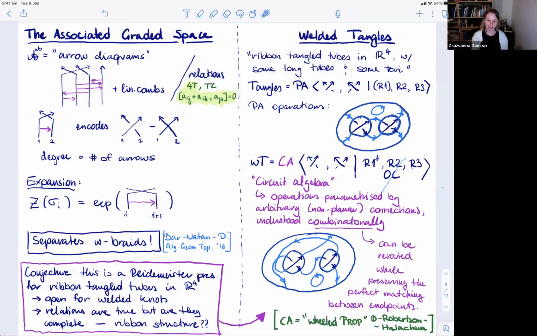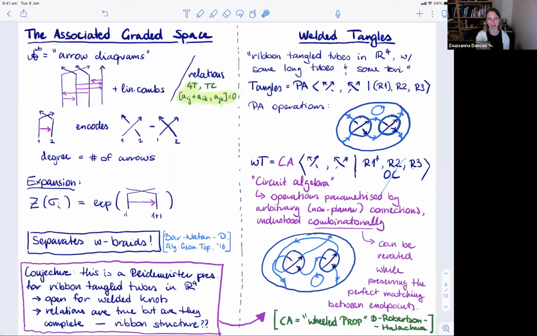Now, there's a generalization of these planar algebras, which is in this 2017 paper of Dror Bar-Natan and myself, and that's called a circuit algebra. So there, operations are again indexed by connection diagrams, but we drop the planarity requirement. So instead of an embedded one-manifold, the connections are some abstract manifold.